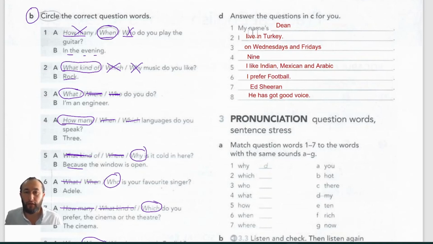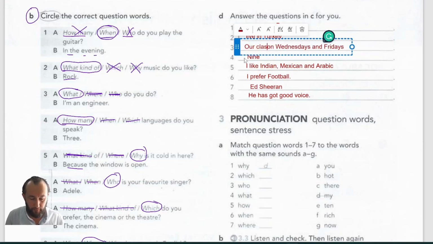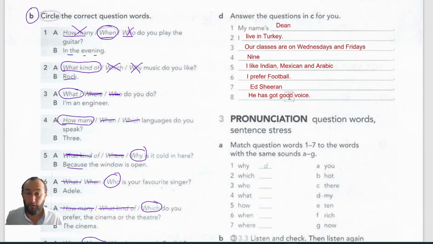If you would like to practice more, you can give a full answer. For example, number 3, you can say our classes are on Wednesdays and Fridays. If you want to make a full answer, we have obviously 9 students in our class.